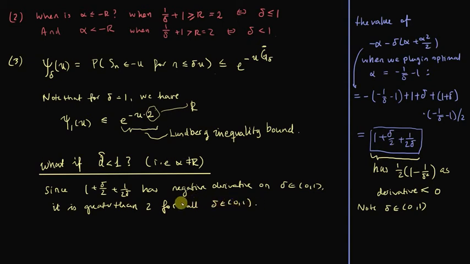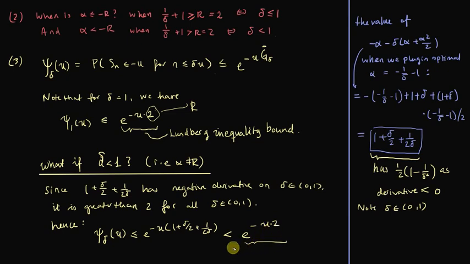And what this means then is that we now have that the probability of ruin on any finite time interval delta u, where delta is smaller than 1, has an upper bound given by e to the minus u times 1 plus delta halves plus 1 over 2 delta, which again is strictly smaller than e to the minus u multiplied by 2, which is the bound we get from the Lundberg inequality.